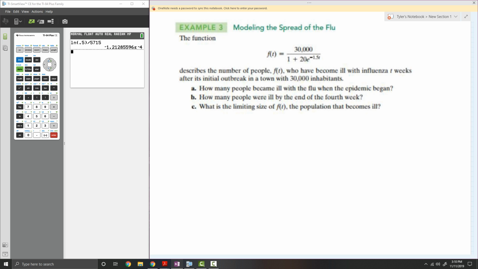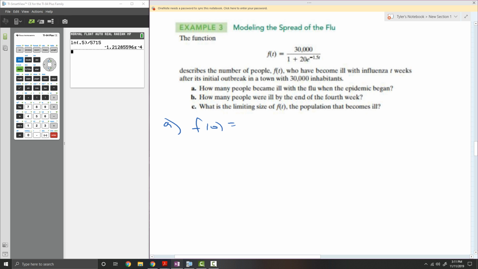Part A: we want to find how many people became ill with the flu when the epidemic began. In other words, we want to find f of 0, the initial value.